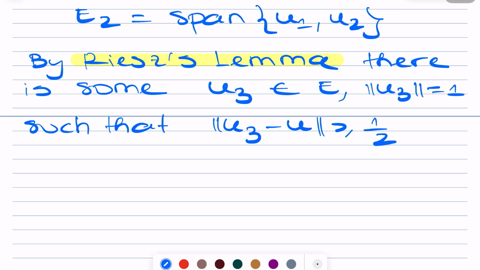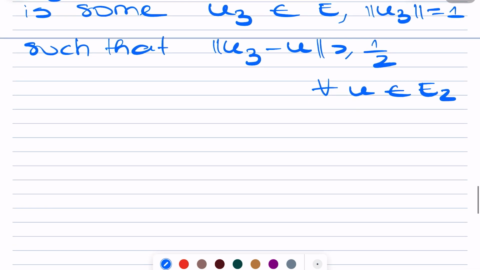And this holds, of course, for every u in E2. In particular, this is true because the Riesz lemma says that this distance to E2 is greater or equal than 1 over 2.